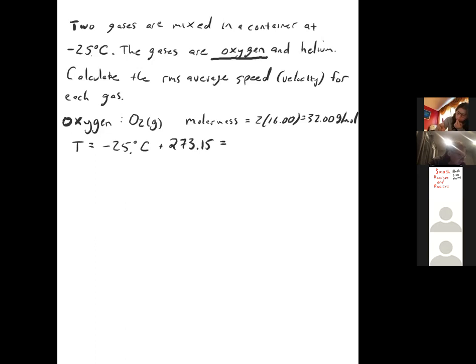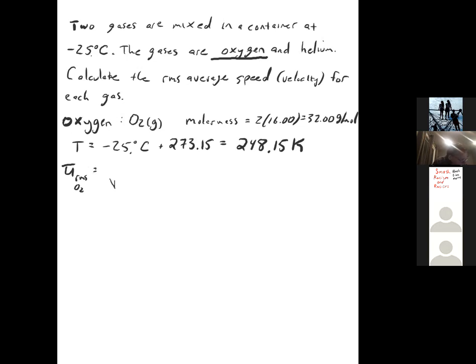And so what do we get? 248.15. Okay, so there's our temperature. Remember, temperatures need to be in Kelvin when you're doing gas problems. So now let's figure out what the average speed RMS of O2 is.